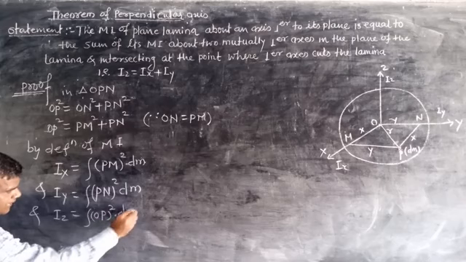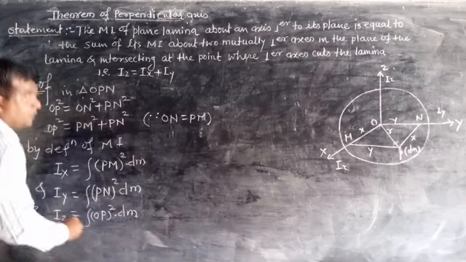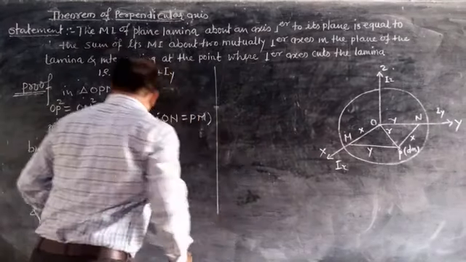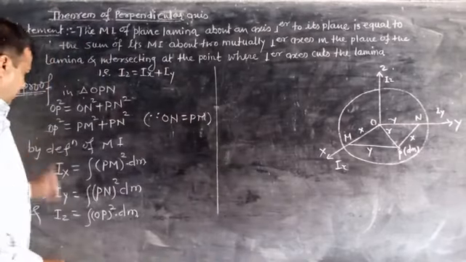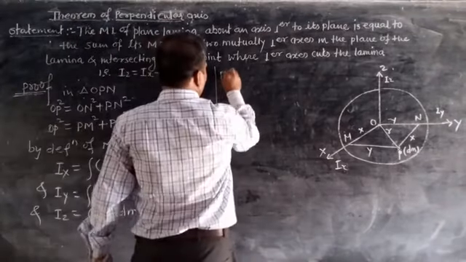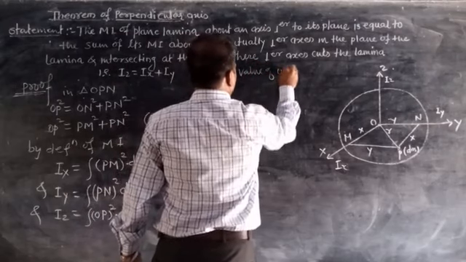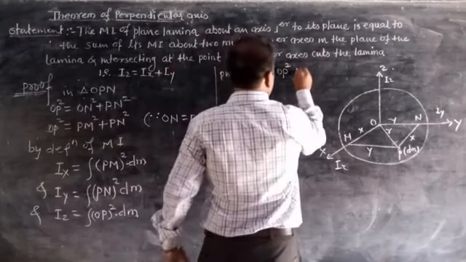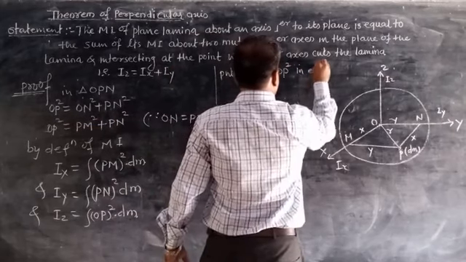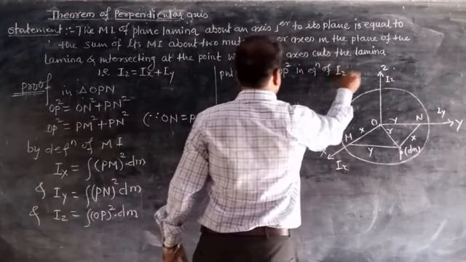Now put the value of OP square from equation 1 in the equation of Iz.